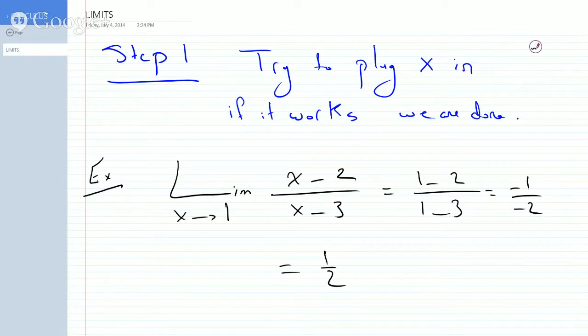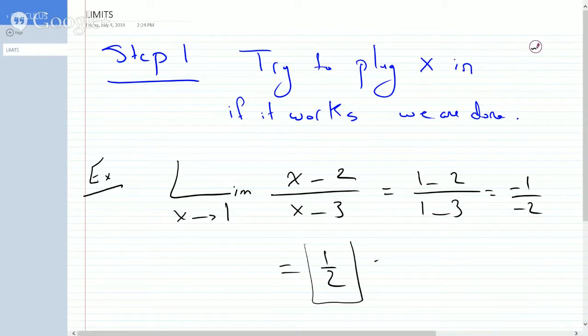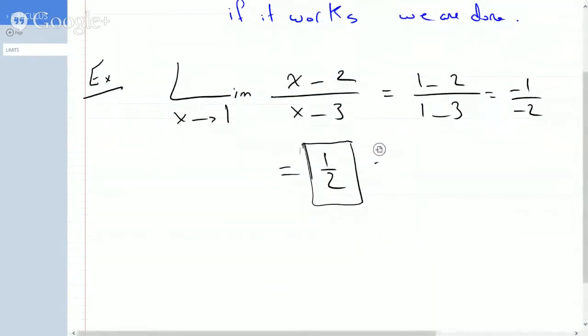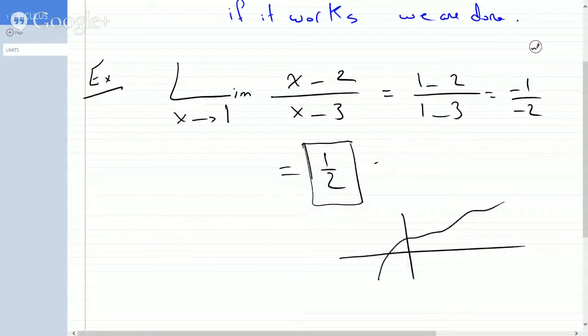So that means anytime x approaches 1, the y approaches half. That's what the meaning of the limit is. So graphically speaking, it means when x, like let's say the graph is here, whatever the graph is, doesn't matter.